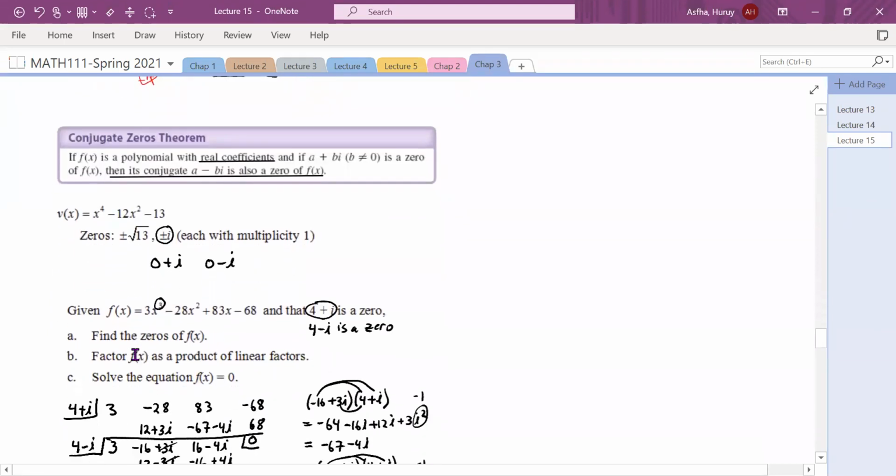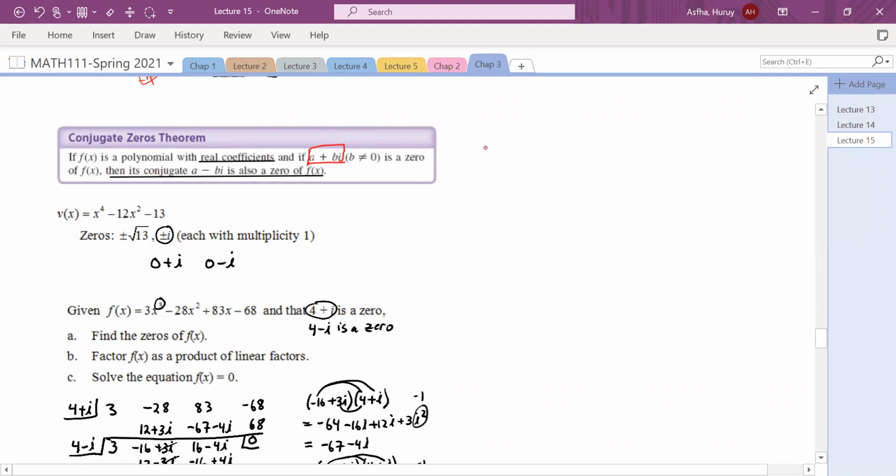And the next is the conjugate zero theorem. This says, if we have a polynomial with real coefficients, and if a plus bi, where b is different from 0, is a zero of f of x, remember this expression is a complex number or an imaginary number, then its conjugate a minus bi is also a zero of f of x.